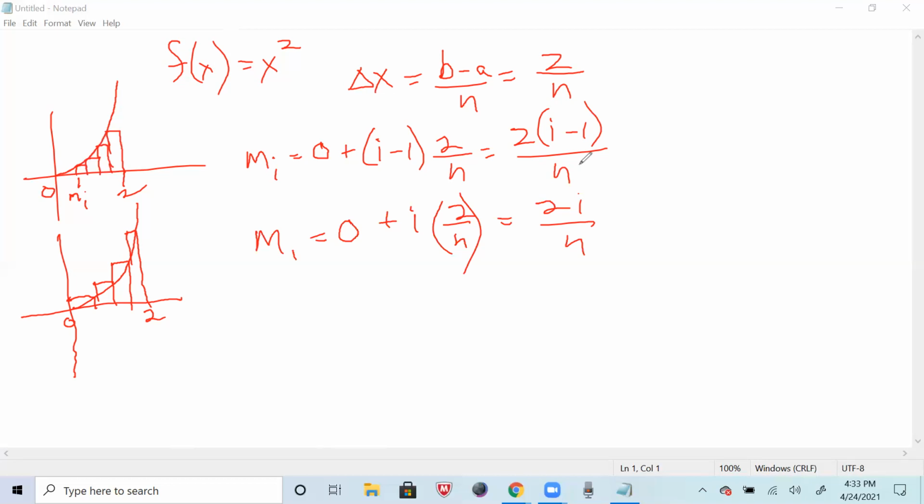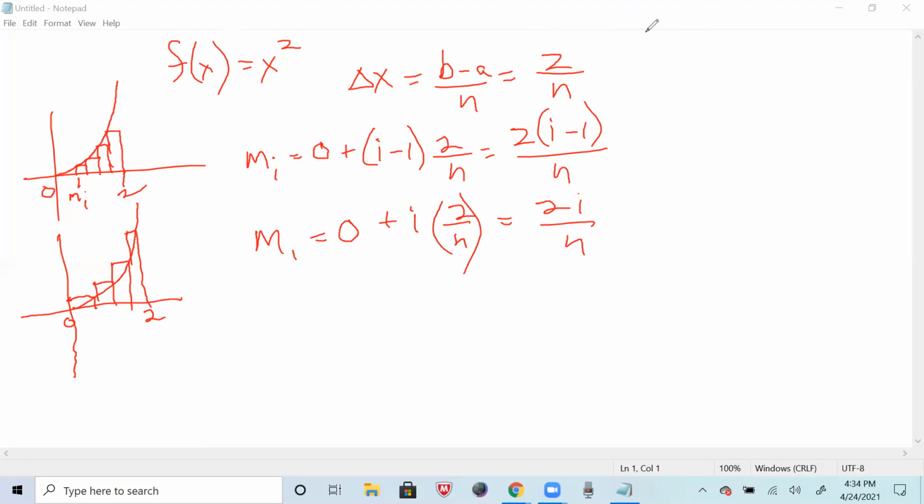So the question is, using the left hand endpoints, what is the lower sum? Here's how it works. Let me do this in blue up top, and I'm going to write pretty small.